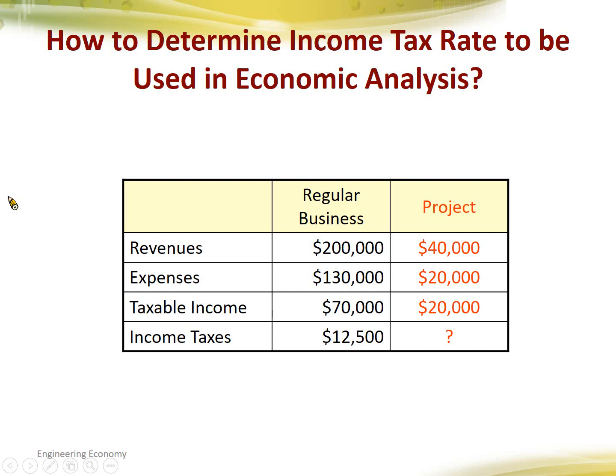You have to add the project to the existing projects, see where the total falls within the tax bracket, attribute the tax caused by the last project, and recompute the tax rate for the last project.